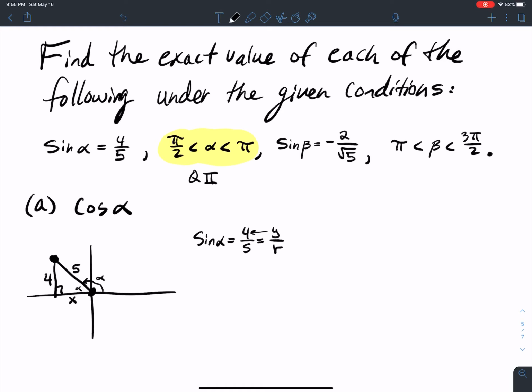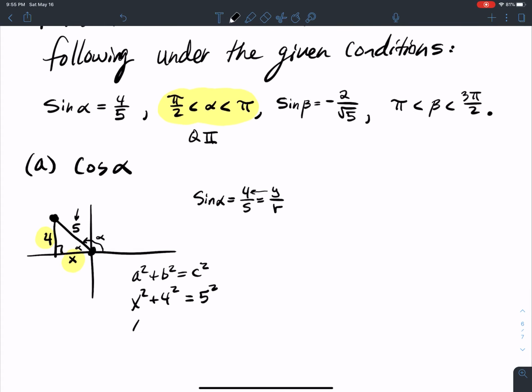Pythagorean theorem says a squared plus b squared equals c squared. So that tells me x squared plus 4 squared equals 5 squared. So what do I have? I got x squared plus 16 equals 25. Subtract 16 from both sides. x squared is 9.